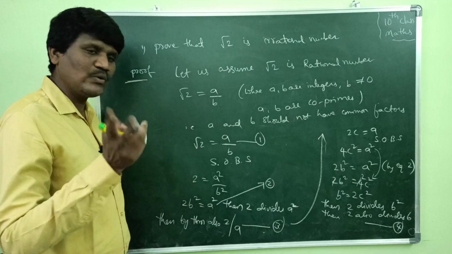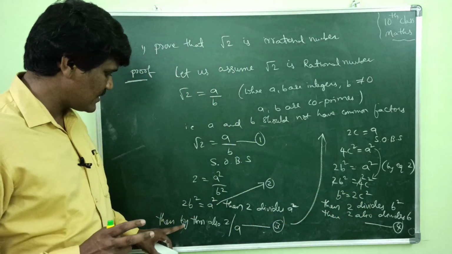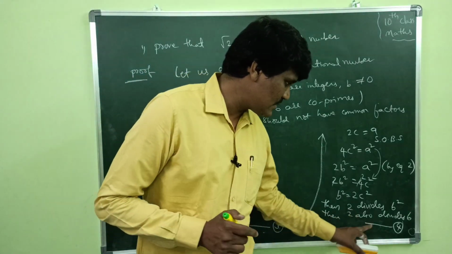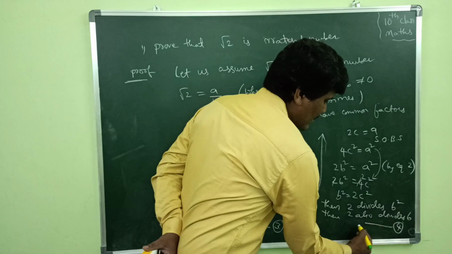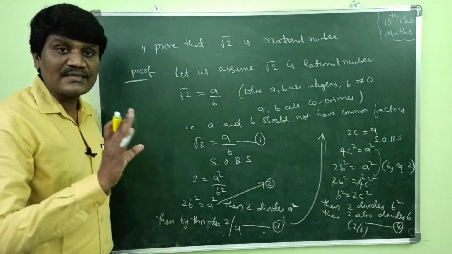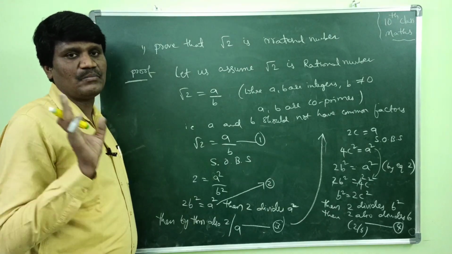Now we got two equations, equation 3 and equation 4. Equation 3 says 2 divides a. Equation 4 says 2 divides b. That is nothing but 2 is a factor of a and b.